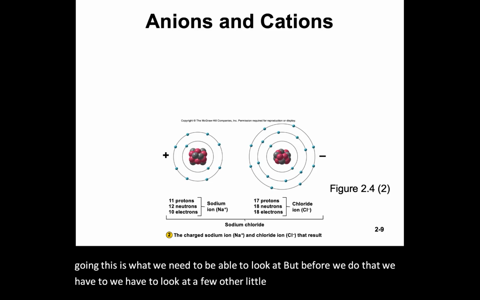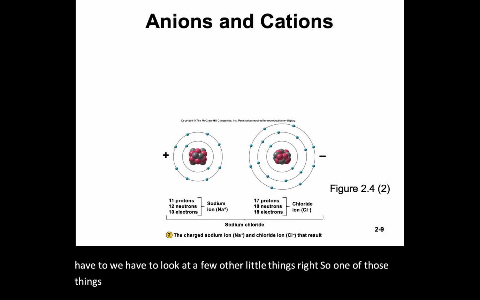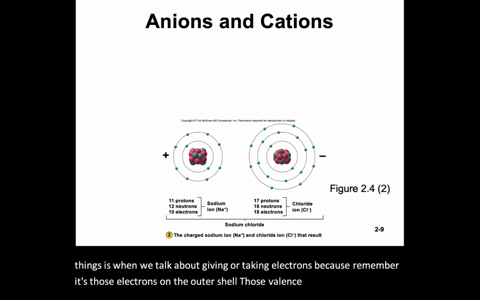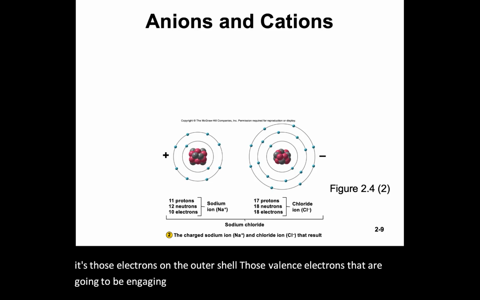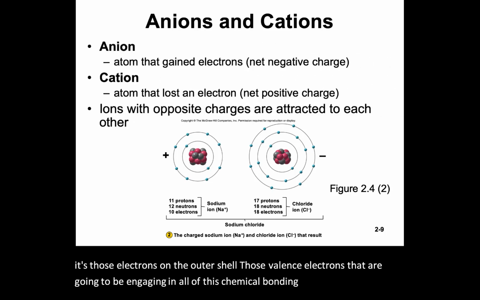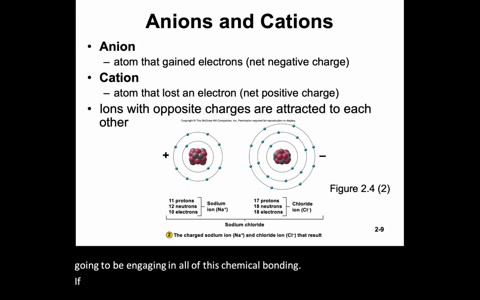All right, so one of those things is when we talk about giving and or taking electrons, because remember, it's those electrons on the outer shell, those valence electrons, that are going to be engaging in all of this chemical bonding. Well, if an atom gains electrons, we refer to that as an anion.